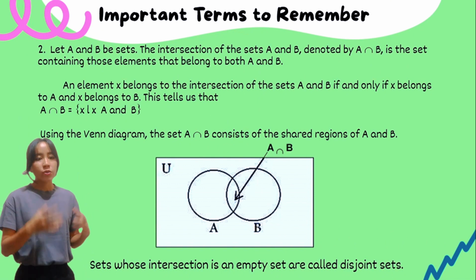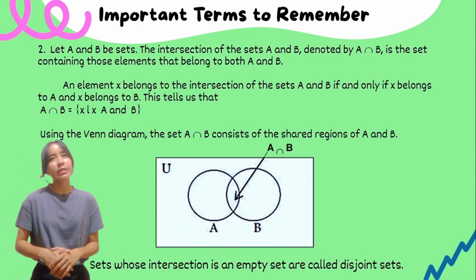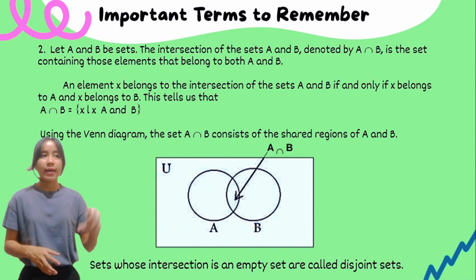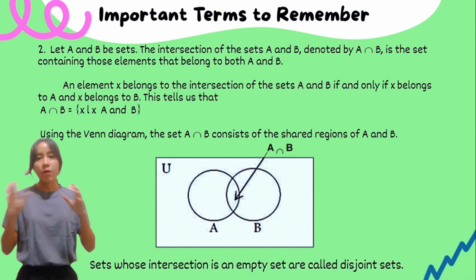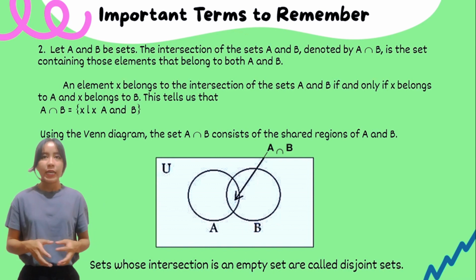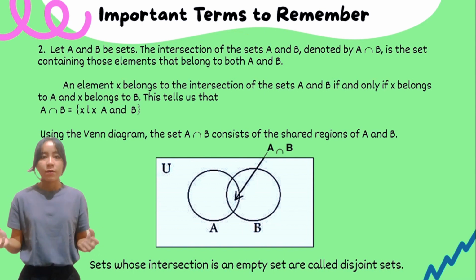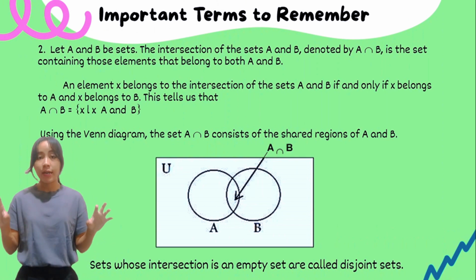Now, sets whose intersection is an empty set are called disjoint sets. So, for example, our second example earlier was anime and K-pop. Intersection between them could be that it is a form of entertainment, right? It is a form of fun, so ang ilahang common lang.